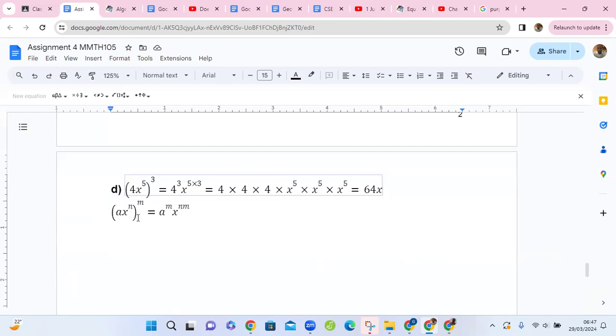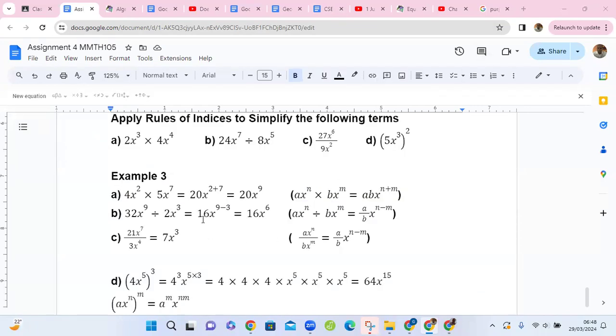You multiply the powers. That's why this rule, you simply multiply the exponents. So that's what you do for this question.